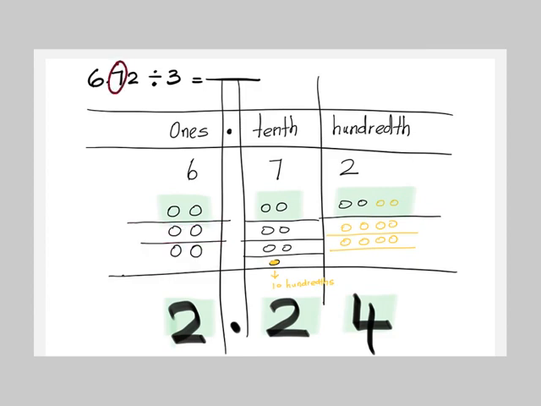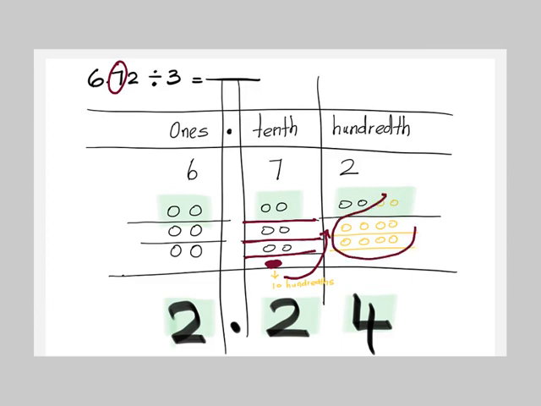But now when I divide the 7, I cannot share it evenly among 3 people, right? So 2 goes to one person, 2 goes to another, and 2 goes to the third person, and finally there will be 1 more to share. I cannot share that, so let's bring that 1 tenth, which is 10 hundredths, to the next column.